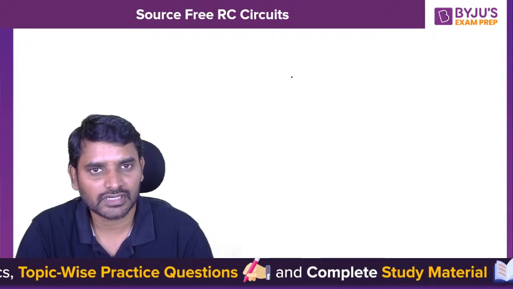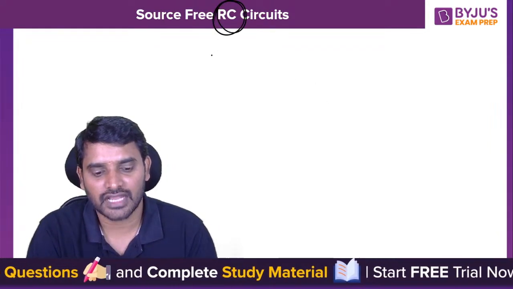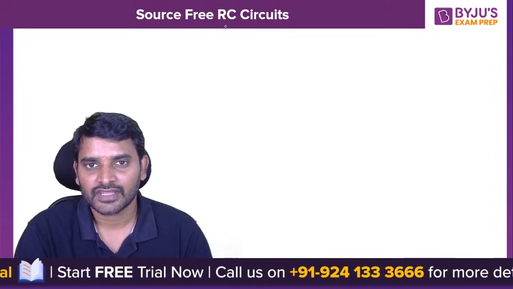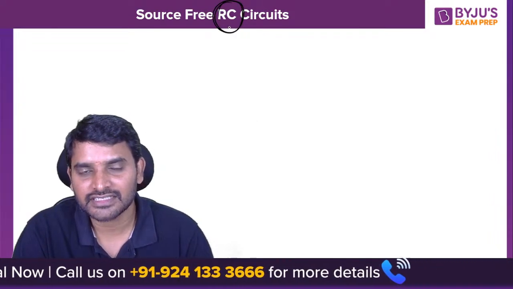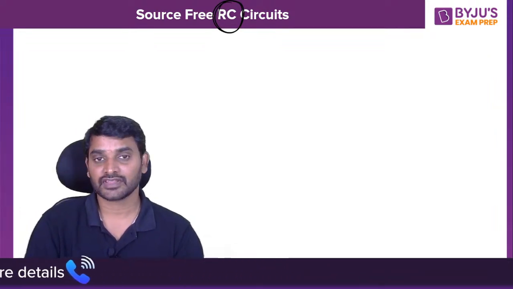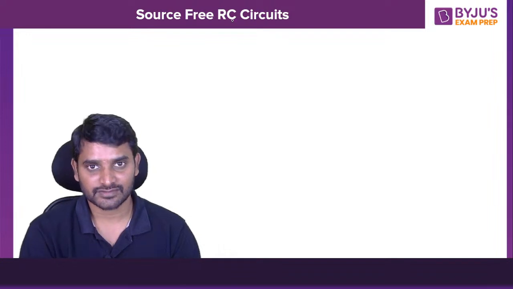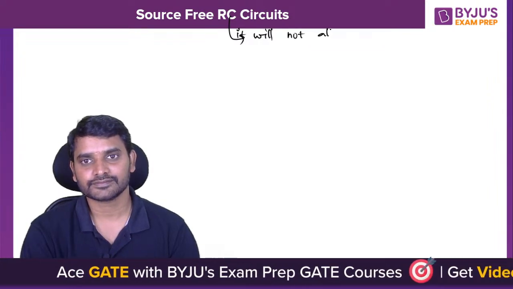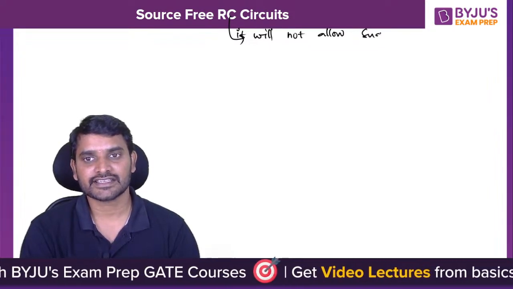So if you want to solve RC circuits or otherwise RL circuits, here the capacitor is an element which does not accept sudden changes in voltage. So it will not allow sudden changes in voltages.